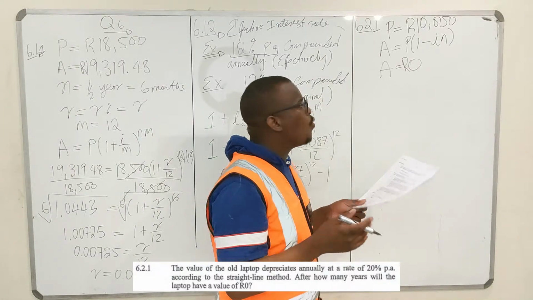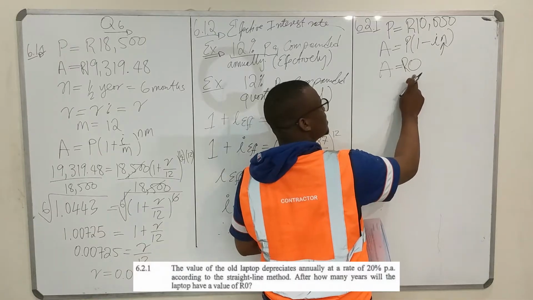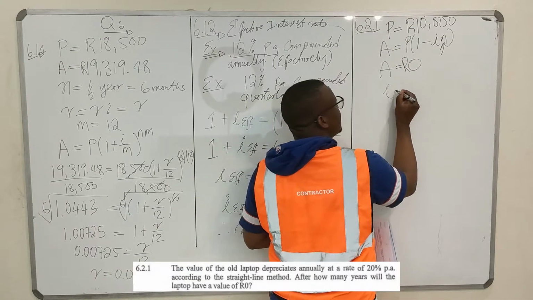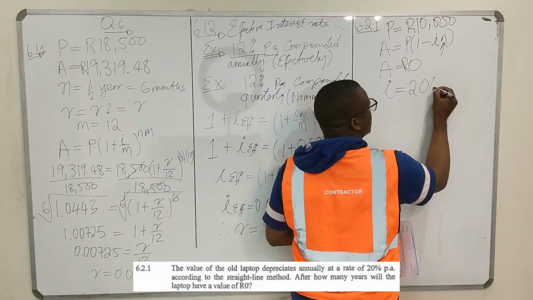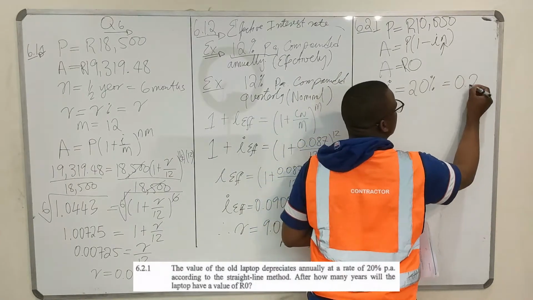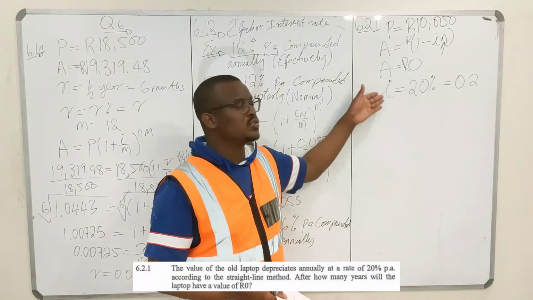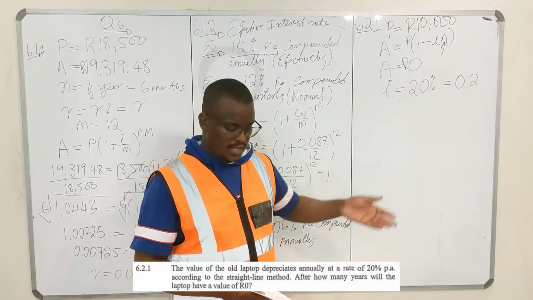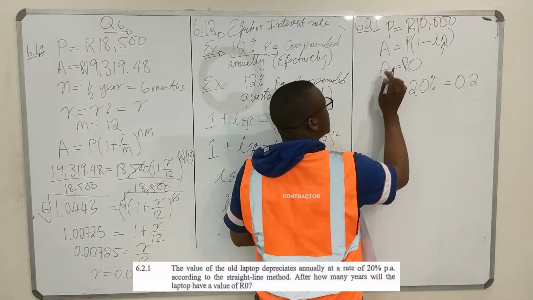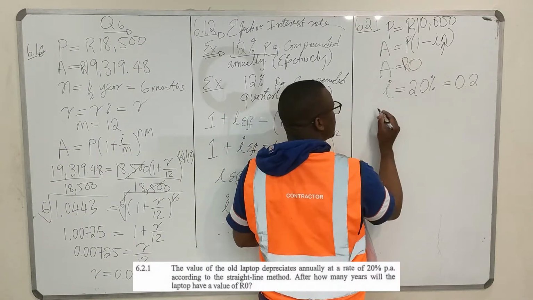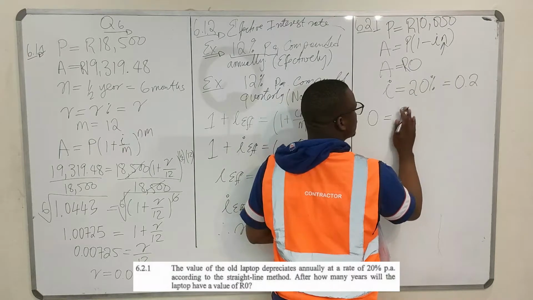So you want to know how many years it will take to depreciate to this amount if the rate of depreciation is 20% per annum, which is 0.2. That's what they're asking. So what do we do? We say, okay, we have the formula, our A is 0 rands, is equal to P, which is the purchase price, which was what? 10,000.